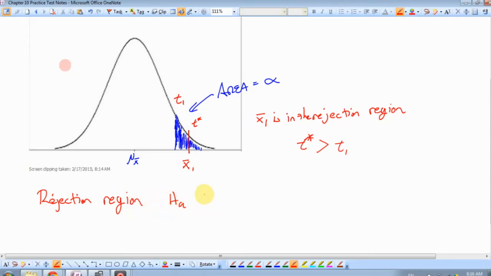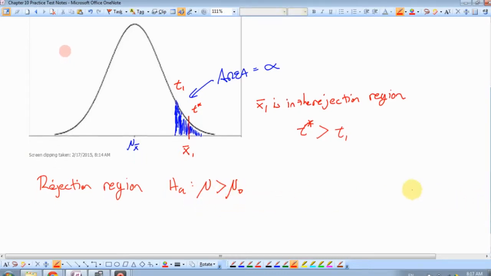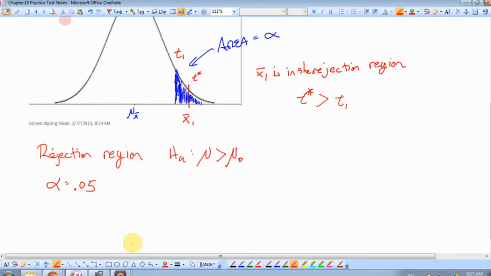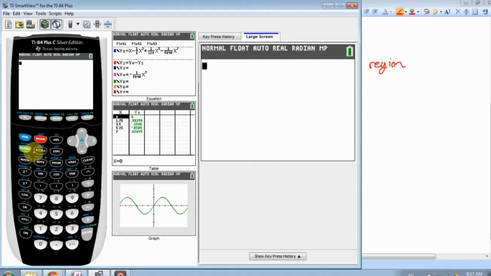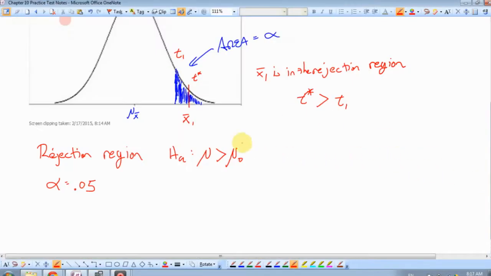HA would be mu is greater than mu naught, and we have alpha equals 0.05. If we look at this chart, basically this area here has to be 0.05.